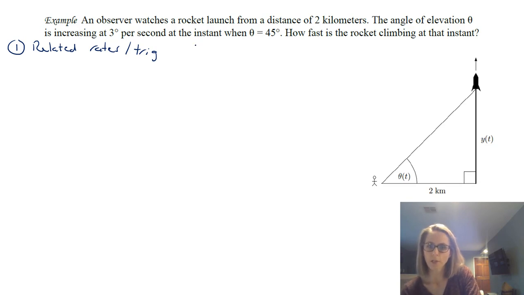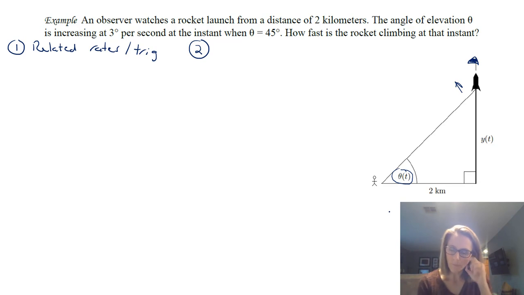So for the things that are changing in this picture, what's happening is this rocket is going up. You see the arrow here, the rocket is going up. So you have that y(t) is changing. As the rocket goes up, this side of this triangle is getting bigger as well and moving in this direction, which is why theta(t) is also changing.